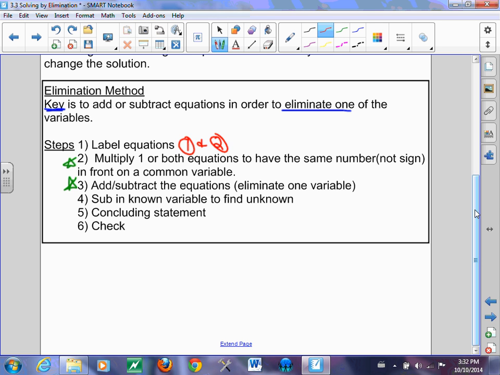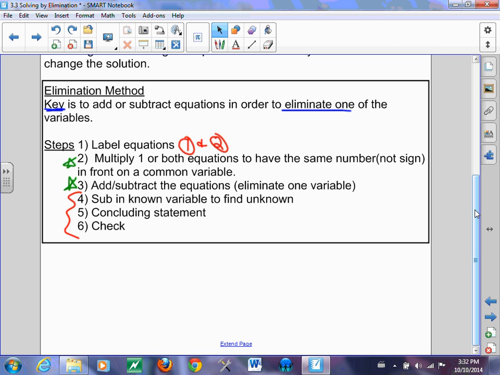Okay, you're going to multiply one or both equations to have the same number, not the sign, in front of either the x or the y variables. You're either going to add or subtract to eliminate, and sub in the known or unknown value. Sub in the known value to solve the unknown value, and these are all the same as before.